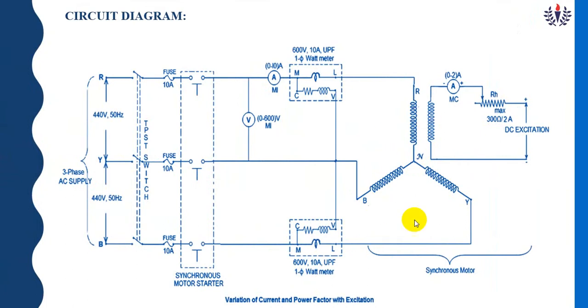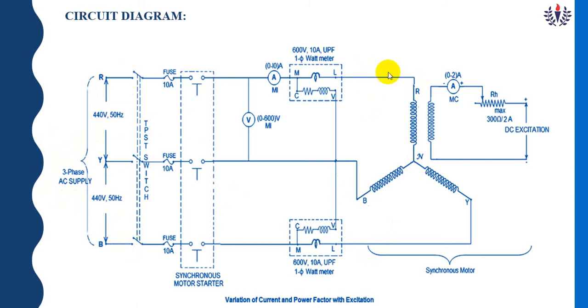So here is the synchronous machine, called one. The synchronous machine is a three-phase machine with three terminals R, Y, B, which is a star connected system. The RYB terminals should be provided with a three-phase AC supply. The three-phase AC supply of 440 volts, 50 hertz is applied to the RYB terminals.